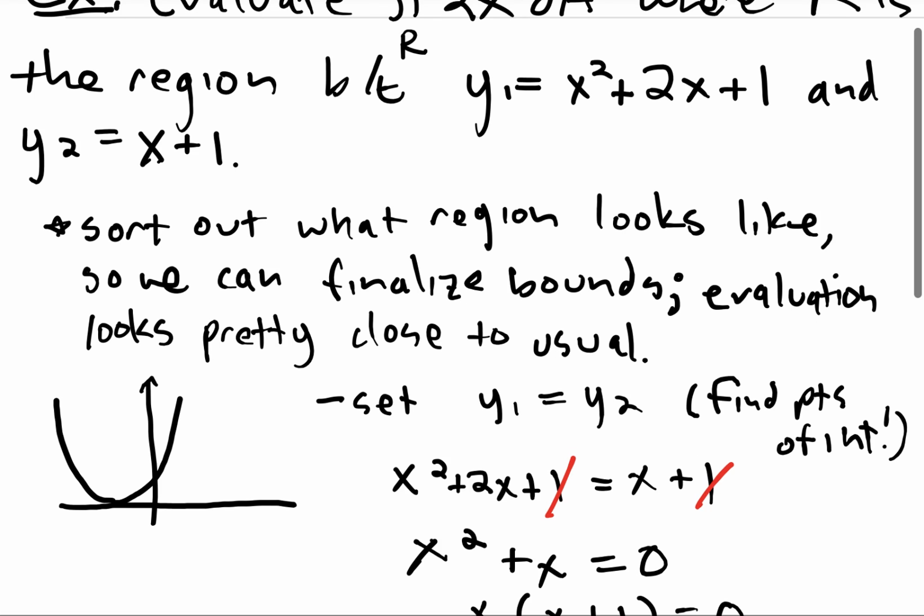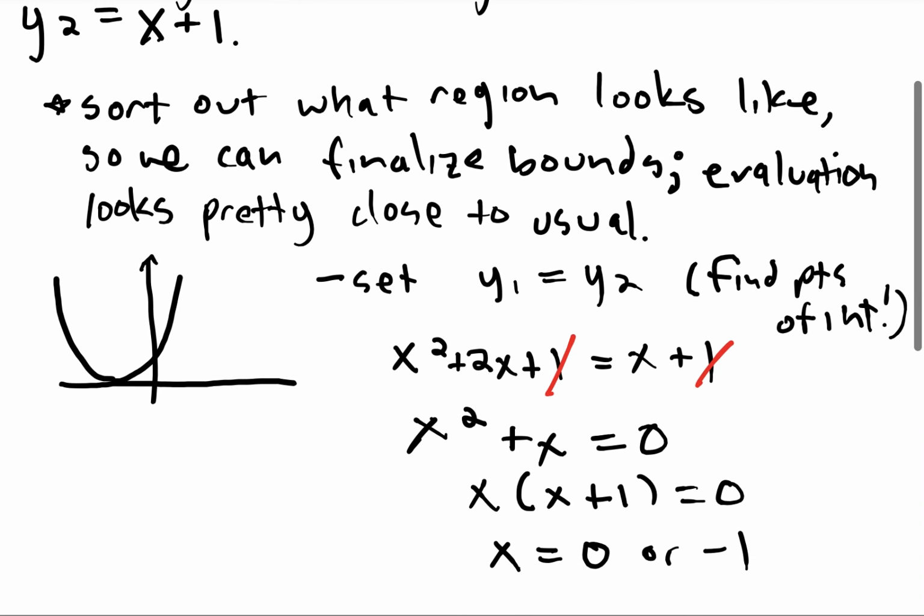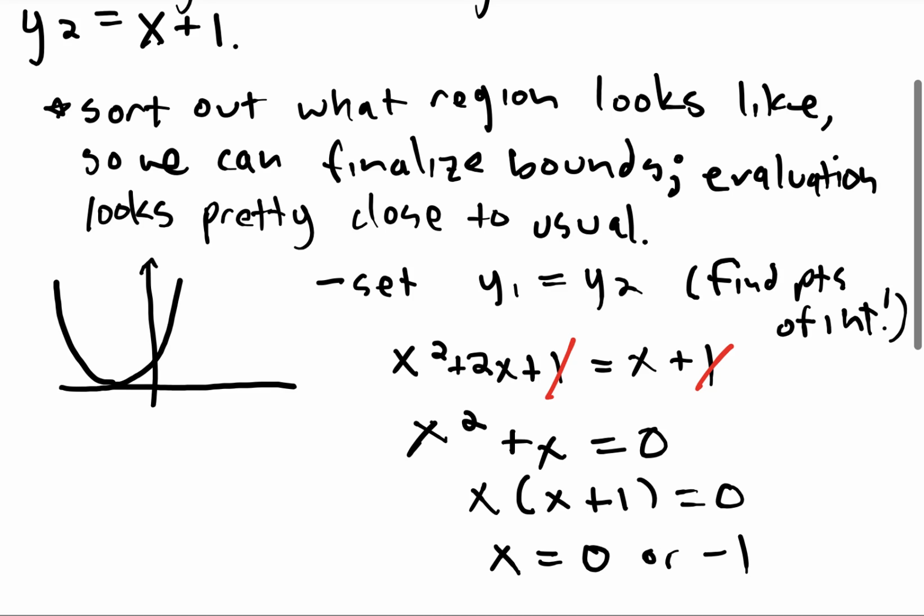So what you're really going to get here is, if you plug in 0, there should be an intersection point here. If you plug in minus 1, which is where the apex of this parabola is, you should get the other intersection point. This is maybe kind of poorly zoomed in here.